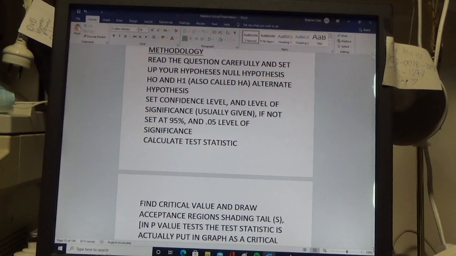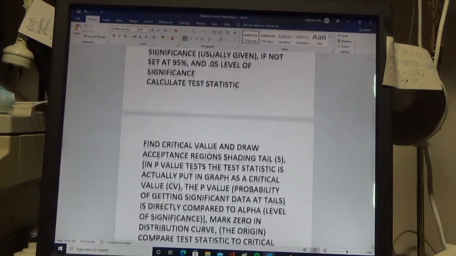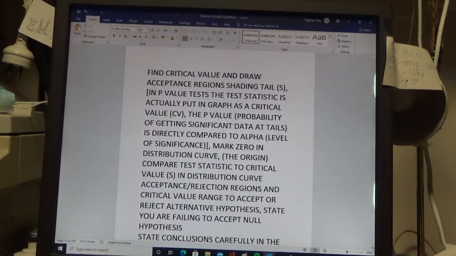If you're not given it, just choose 95% confidence and 0.05 as your level of significance. Calculate the test statistic, find your critical value from the table, draw your acceptance region and rejection region, but different in a p-test, where the test statistic is actually put in the graph as a critical value.